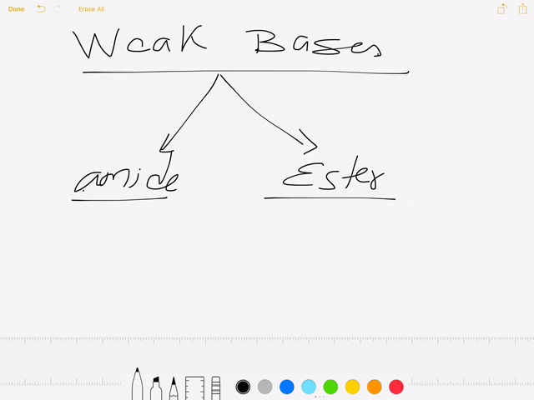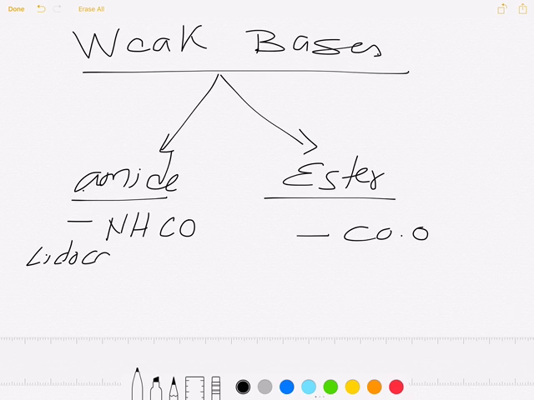The amide group would be, as you know, nitrogen, CO, and esters have an ester linkage. Examples of amides are the most commonly used local anesthetic, lidocaine, yay.